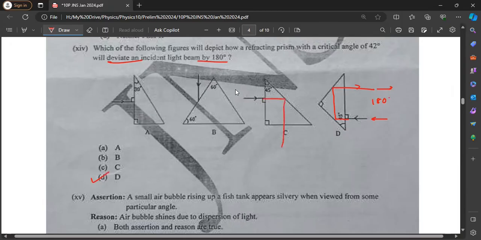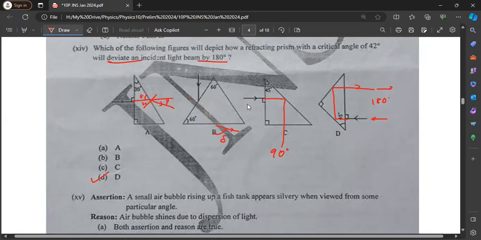If you know this is 90 degrees, you know that this is going to be 60, this is 30, so it's going to go like this, and this deviation is definitely not 180. And in this case also, if it is bending here and further bending out, in this direction it is going, the normal. So this deviation is also not 180 degrees. Okay, so D is the correct option.